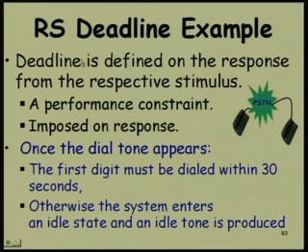So, this is an RS deadline example, all right, but what we have written here is slightly incorrect. It should have been a deadline defined on the stimulus event with respect to the response event. In that case, it will become a behavioral constraint, because it is defined on the behavior of the stimulus event. Is that okay?